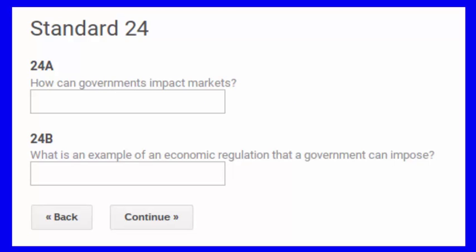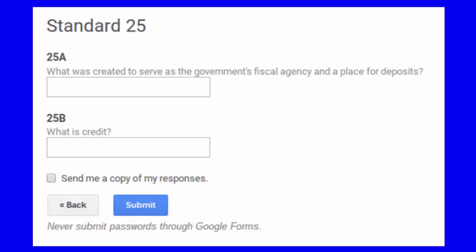How can governments impact markets? 24B. What is an example of an economic regulation that a government can impose? Standard 25. What was created to serve as the government's fiscal agency and a place for deposits? 25B. What is credit? After you've completed all of these questions, please hit the Submit button.